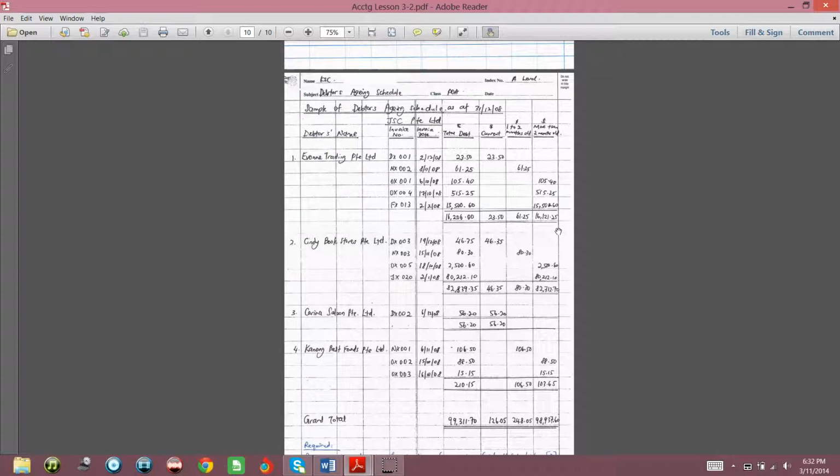Because if you don't chase the debtor for payment, probably they will drag this amount owing for 6 months, 1 year, and then the company will have cash flow problems. So I want the account staff every week or every month to call the customer, to ask the debtor to pay up the amount promptly.